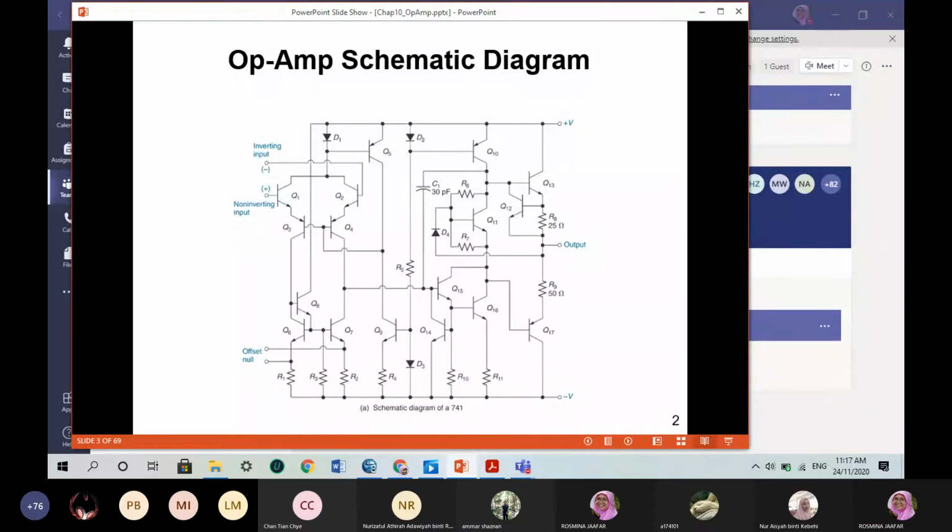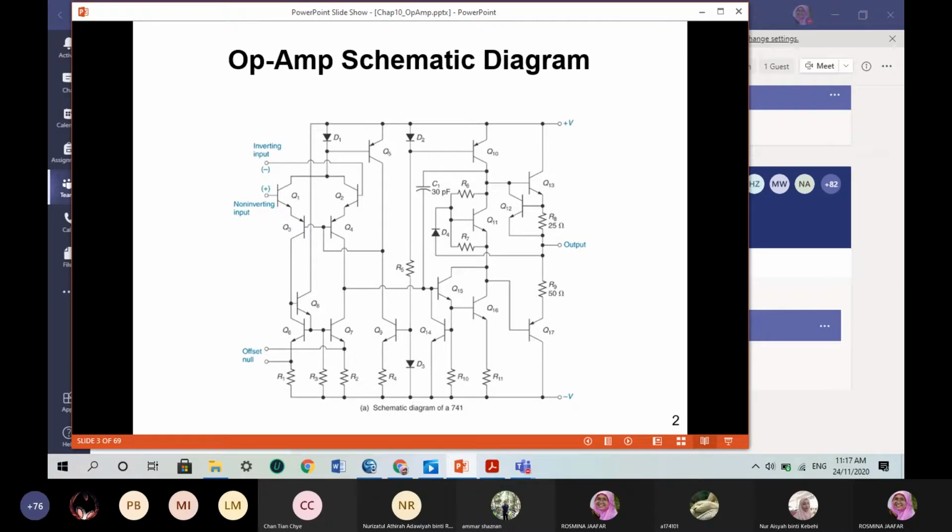The inside of the Opamp contains many transistor circuits. The Opamp can be made of BJT circuits or FET circuits, depending on the Opamp. So we have the 741, LM322, and so many varieties of Opamp. But the most commonly used Opamp is the 741.